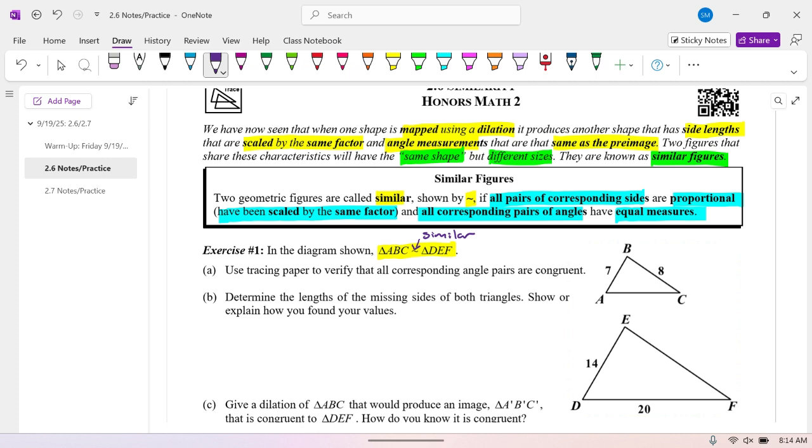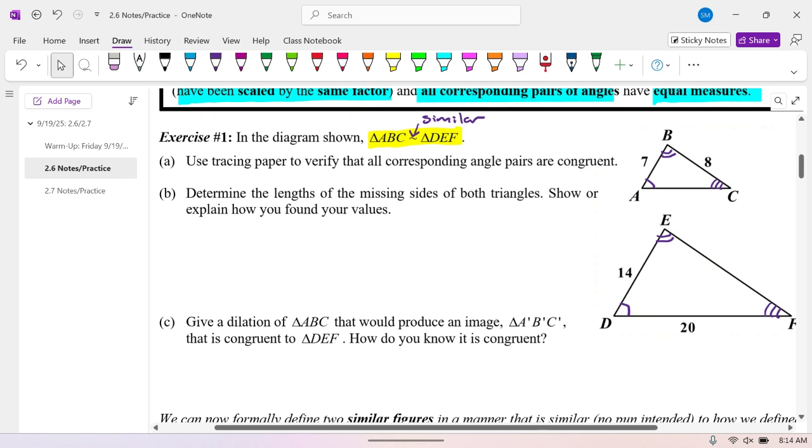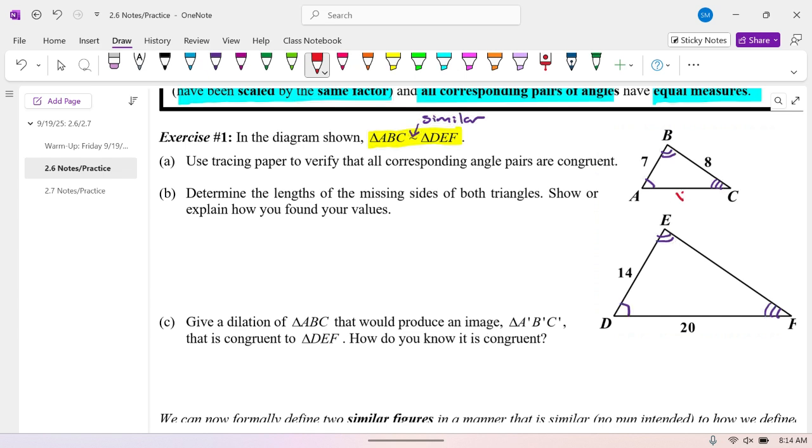So angle A would be congruent to angle D, angle B, angle E, angle C, angle F. All right. Now, let's determine the lengths of the missing side. So let's call side AC X and side EF Y. All right, so those are our two missing sides.